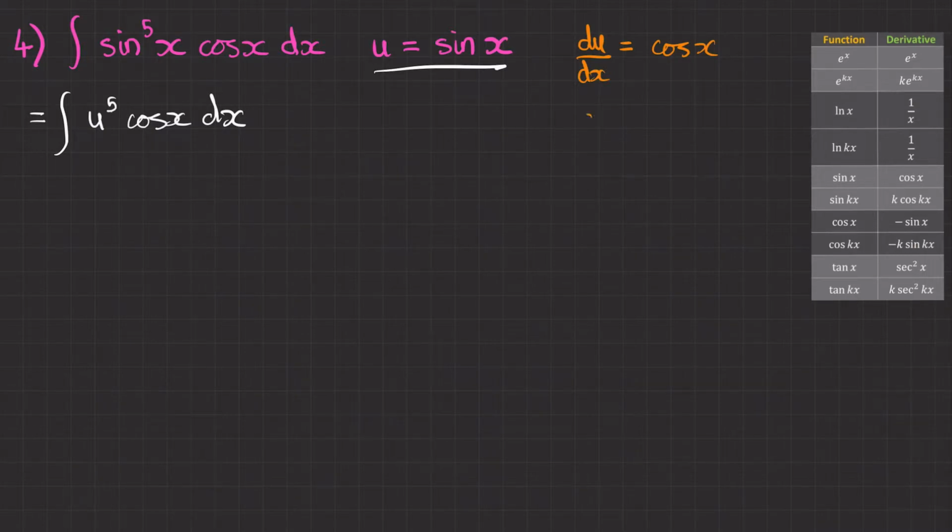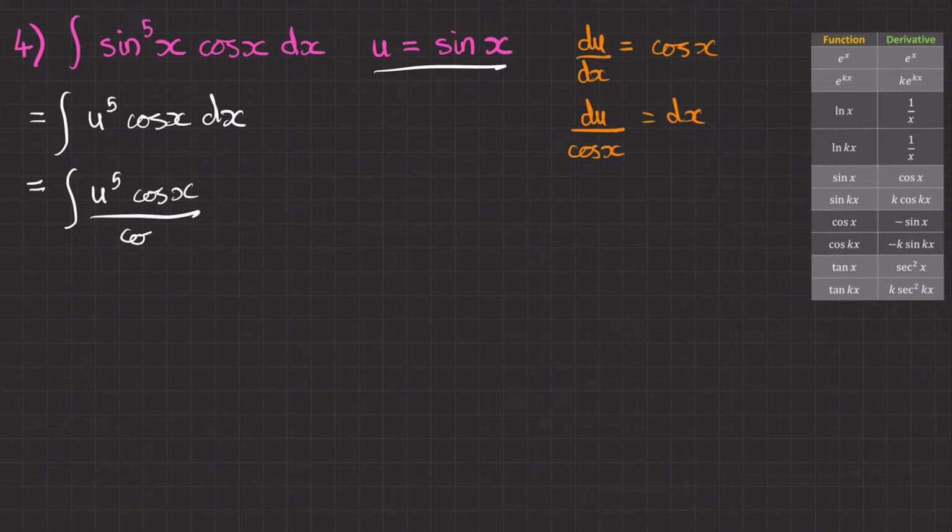Rearrange that now, so we'll have du over cos x equals dx. We can substitute that in now, so we'll have equals the integral of u to the 5 cos x all over cos x with respect to u. That can simplify down to u to the 5 with respect to u.